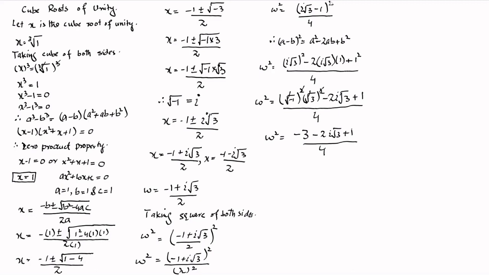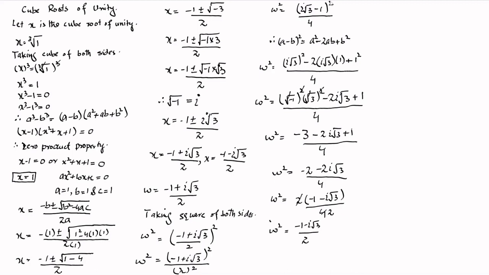Minus 3 plus 1 is equal to minus 2, so omega square is equal to minus 2 iota square root 3 divided by 4. 2 is common in the numerator, so taking out 2 common, 2 into minus 1 minus iota square root 3 divided by 2, divided by 4, 2 divides 4, so omega square is equal to minus 1 minus iota square root 3 divided by 2.